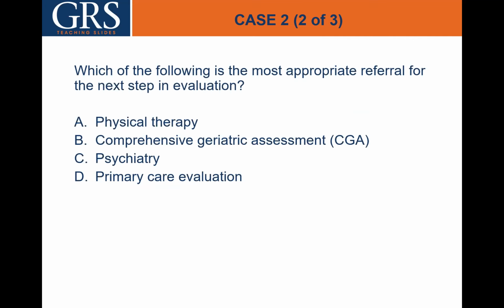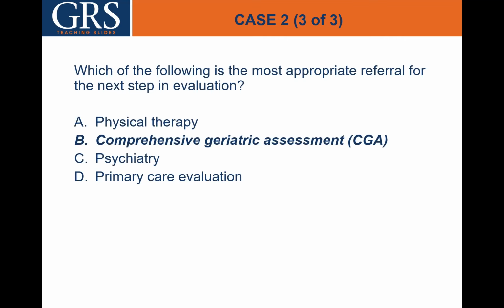Okay, what's the answer? Answer B, comprehensive geriatric assessment, because this patient has a very complicated condition. She has a B cell lymphoma, which requires all of those assessments, physical therapy, and also a psychiatrist to make an evaluation for the patient, and definitely a primary care evaluation is also needed.